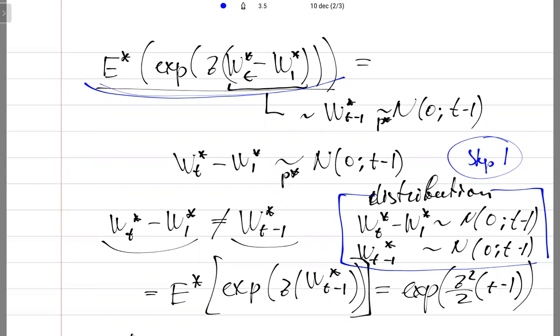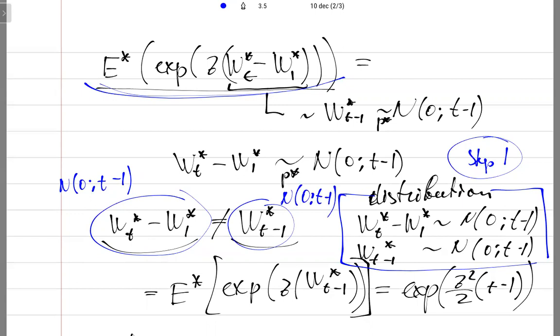The only thing that matters is the distribution. I recall the properties of the Wiener process: this difference has normal distribution (0, t minus 1), and that random variable also has distribution (0, t minus 1). So I can replace inside my expected value the difference by one random variable. I don't say that they are equal, but I say the distribution is equal.